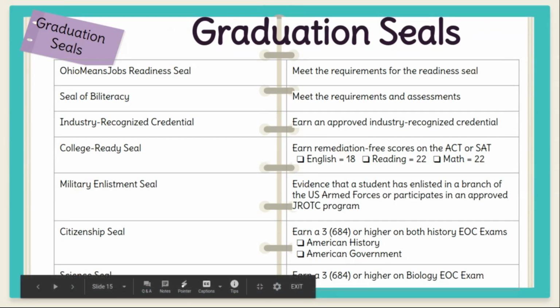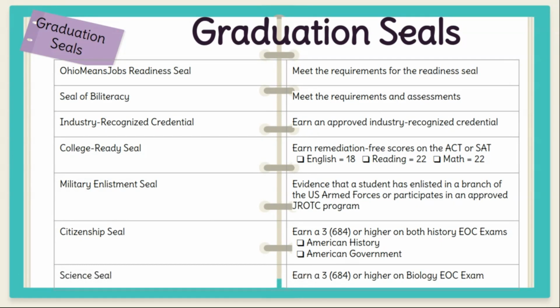Graduation seals. So once a student meets credit and testing requirements, they need to earn 2 of the defined seals. These next 2 slides have the list of seals that students can choose from.